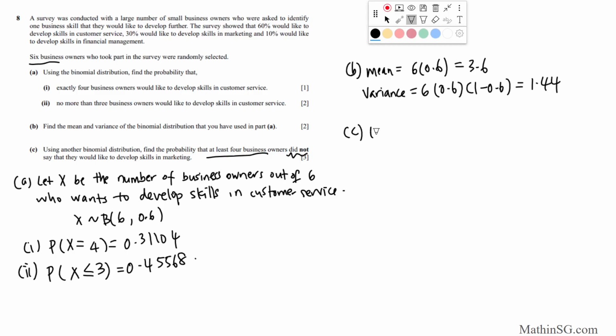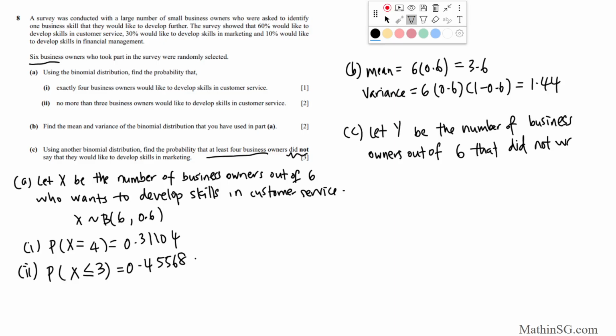So let Y be the number of business owners out of 6 who did not say they want to develop skills in marketing.